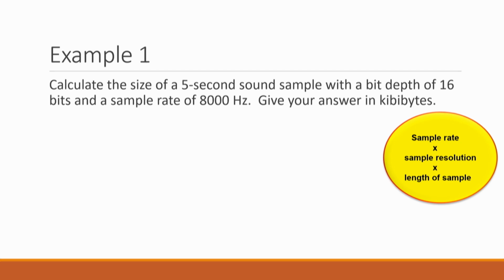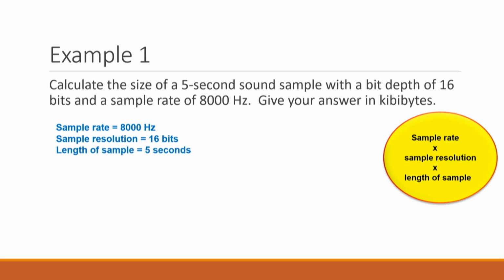We can gather from the information provided that the sample rate is 8000 Hz, the sample resolution, that is bit depth, is 16 bits, and the length of the sample is 5 seconds.